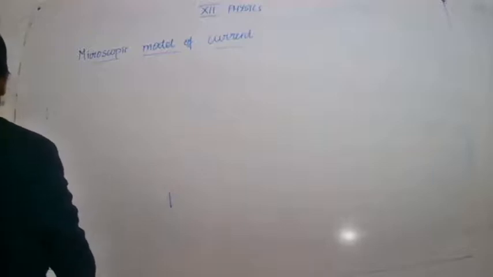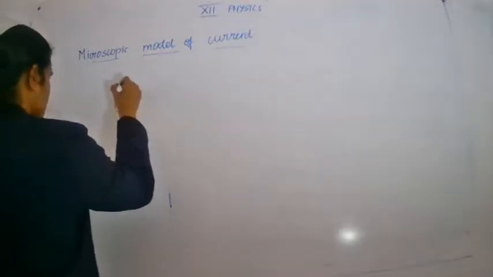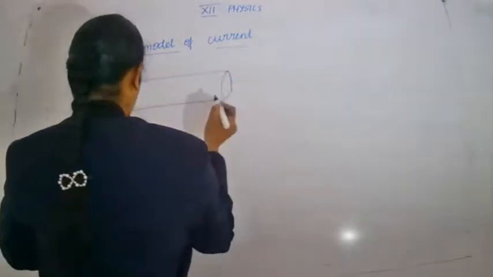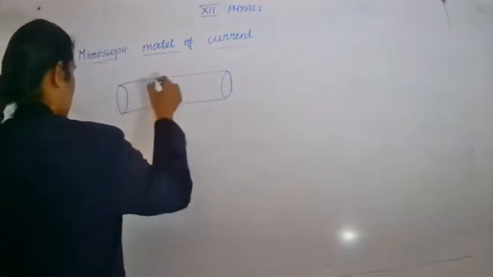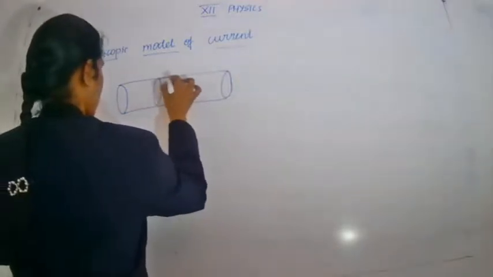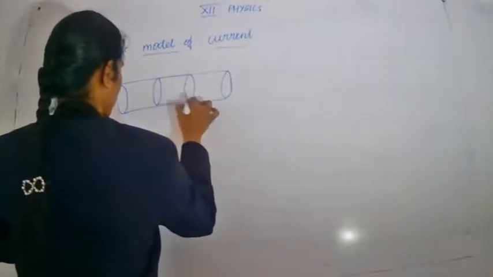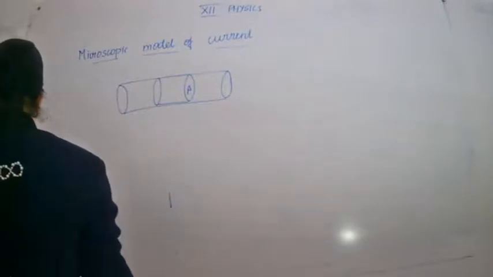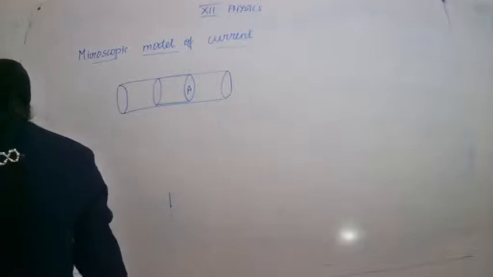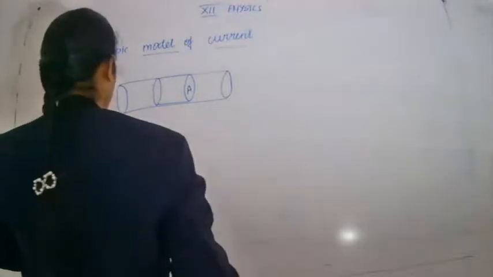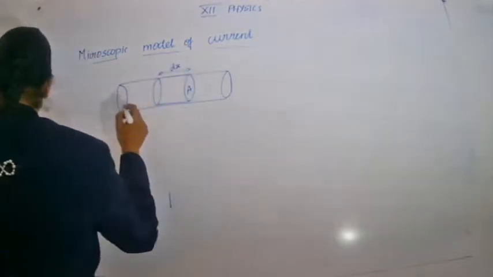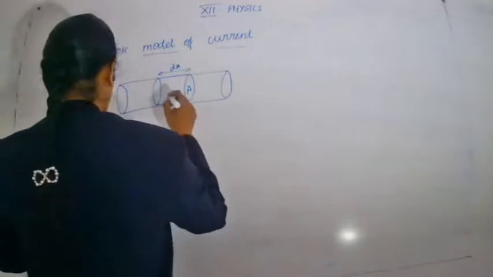Draw the diagram. Consider a conductor with a cross sectional area A, and an electric field is applied here and a velocity is created.